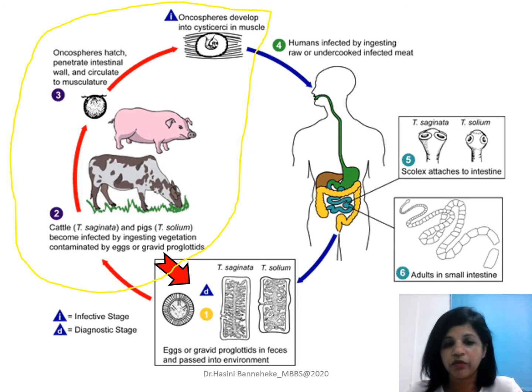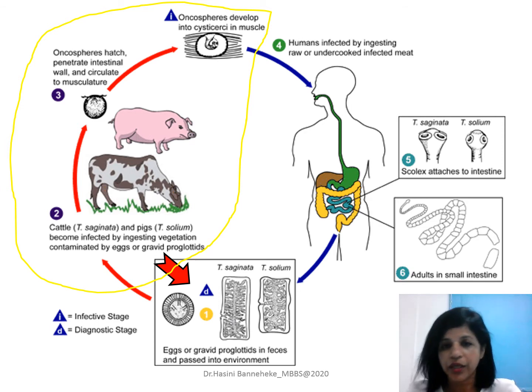With the help of the hooklets, they penetrate the intestinal wall and get into the circulation of the intermediate host, and via the circulation they get distributed to the entire body. Once distributed to various tissues, they deposit themselves and encyst in various locations in the intermediate host.